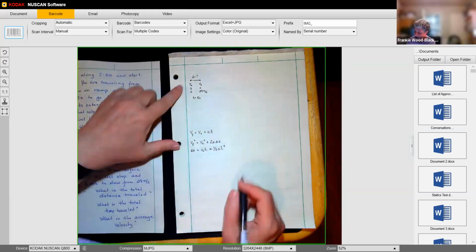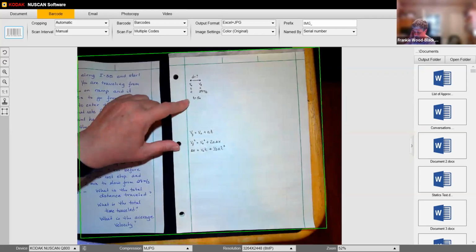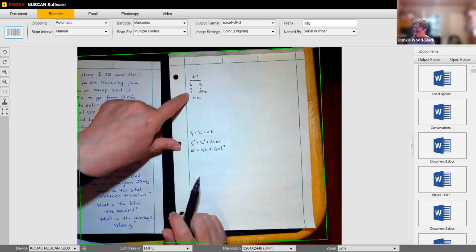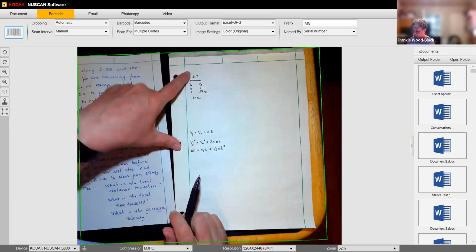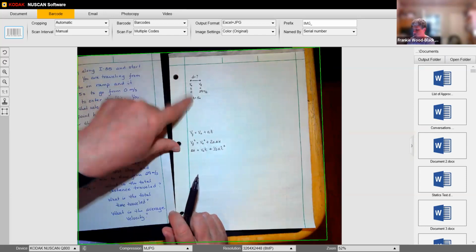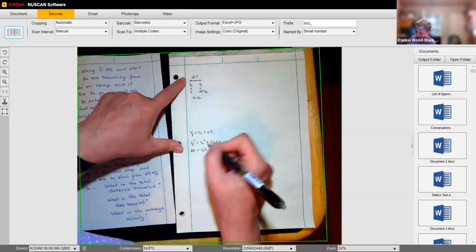Well, in this case, I've got time, but I don't have acceleration. I have my initial velocity and my final velocity, but I don't have distance. So I'm probably going to have to do this in 2 parts. So let's figure out my acceleration here.